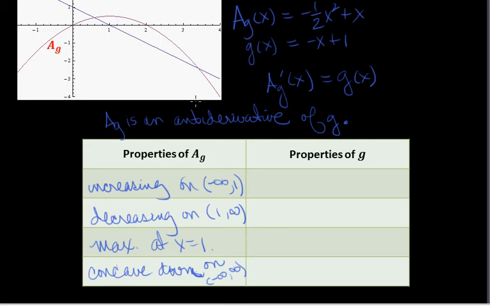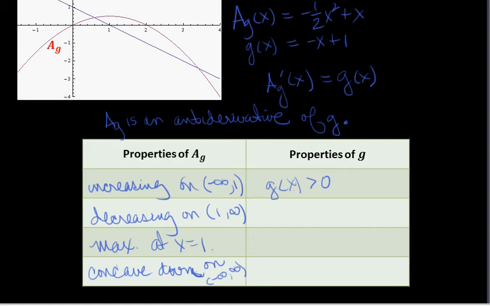Now think back to Calc 1, and you saw that if a function was increasing, its derivative was positive. And sure enough, from minus infinity up to 1, we see that g is above the x-axis. So we could say g of x is greater than 0.